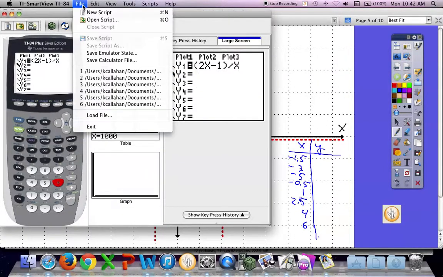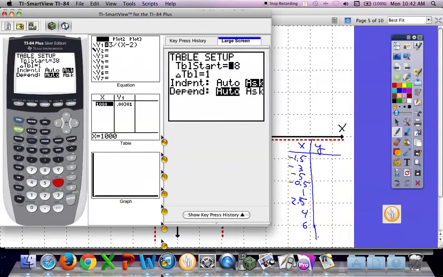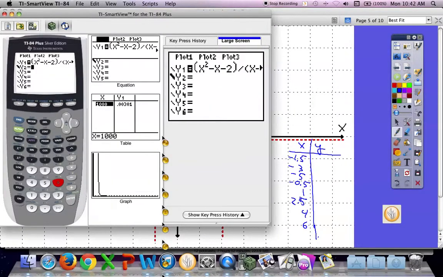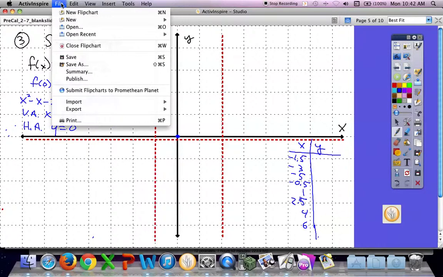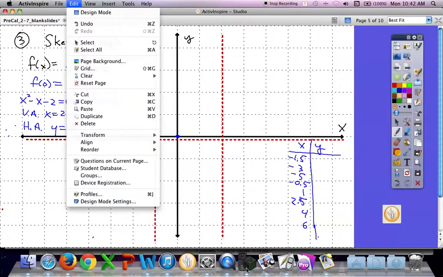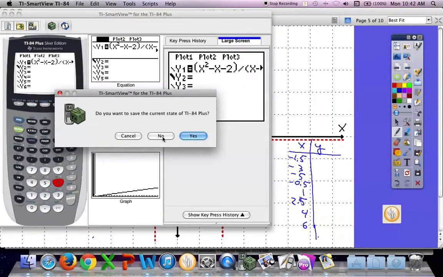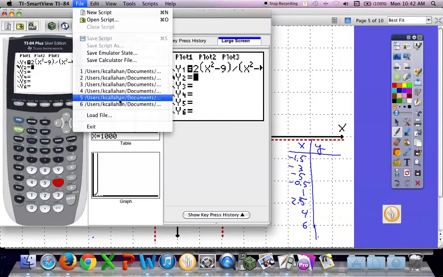Not that. Not that. That's it. No. Independent. Not that. Golly.